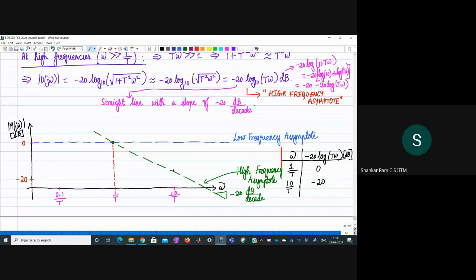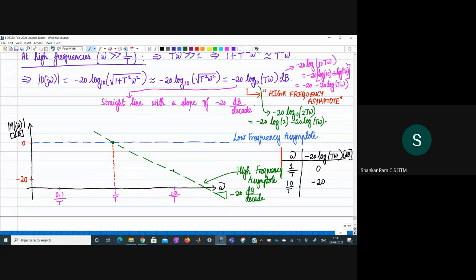Why do they say that? Because if you observe, if we look at this plot and we go to twice the frequency, that is, 2 times t omega, what are we going to get? We will get minus 20 log 2 minus 20 log t omega.